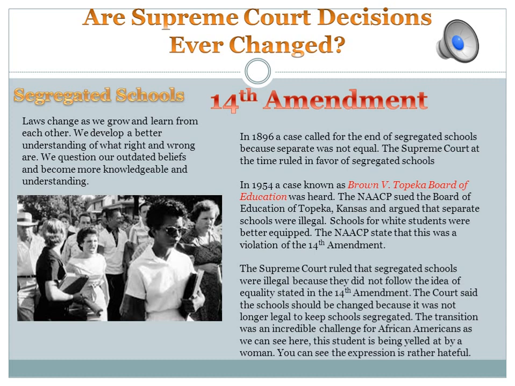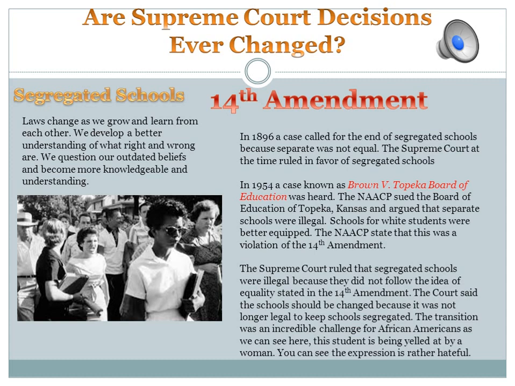Well, good news. They claim that the schools for white were better equipped, so they said that this went against the 14th Amendment. Life, liberty, pursuit of happiness, equality. In this case, the Supreme Court ruled that the segregated schools were indeed illegal because they did not follow the idea of equality stated in the 14th Amendment.